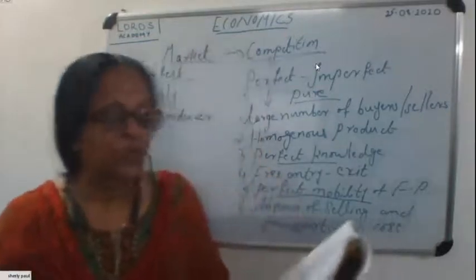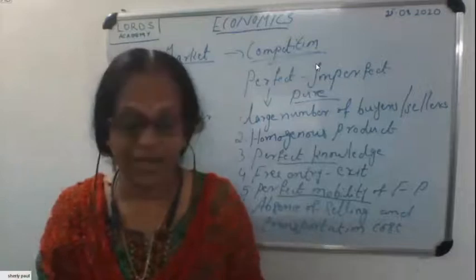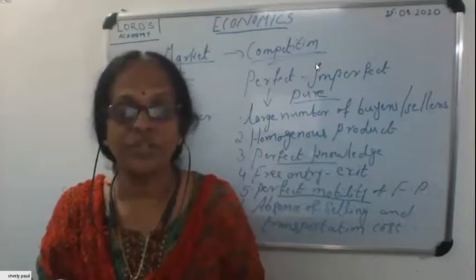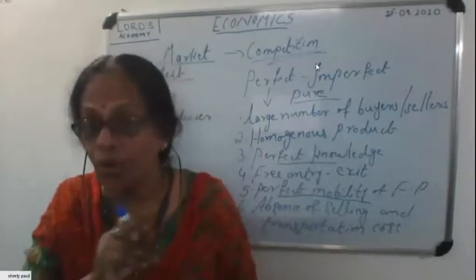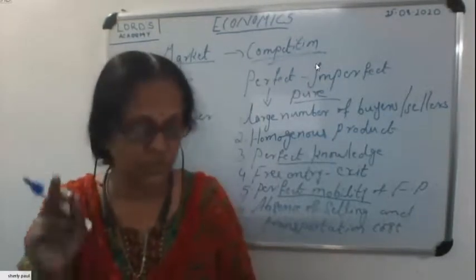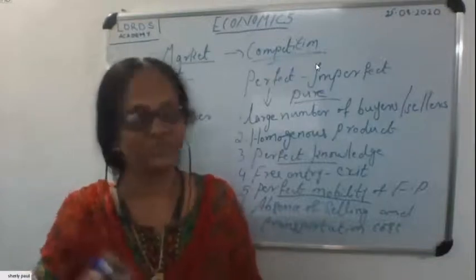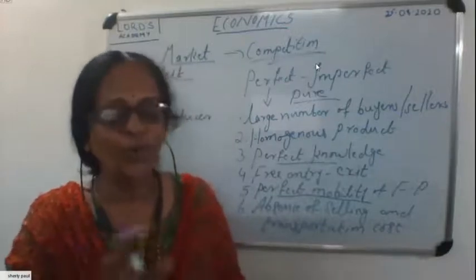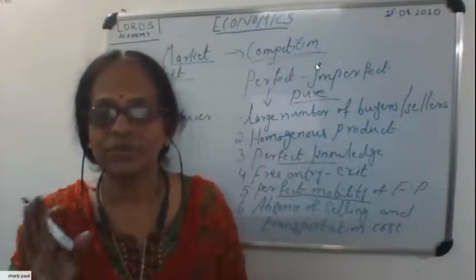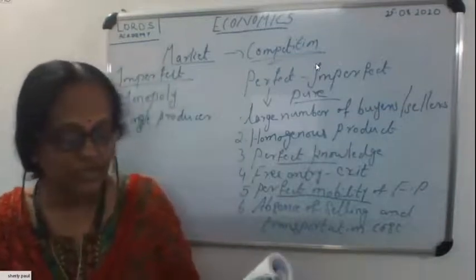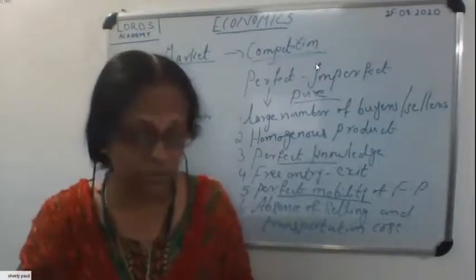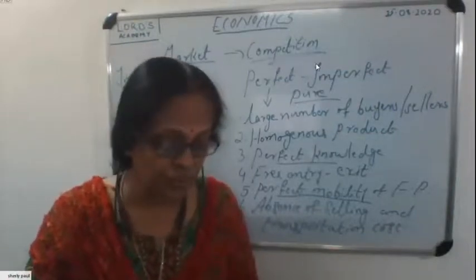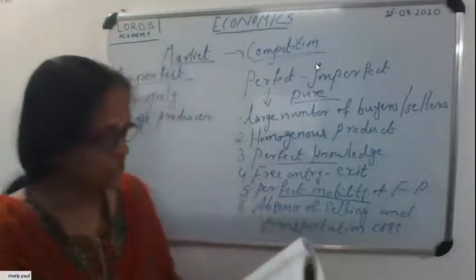Very simple. According to some economists, monopoly is that market structure which is characterized by a single producer of a commodity, and where there are no close substitutes for that commodity. Here, in perfect competition it was a homogeneous commodity with many substitutes, but here no close substitute. It is a very rigorous description of a monopoly situation, because it is almost impossible to find a firm which produces a distinct product which has no substitute at all.